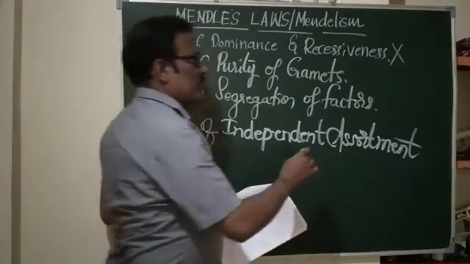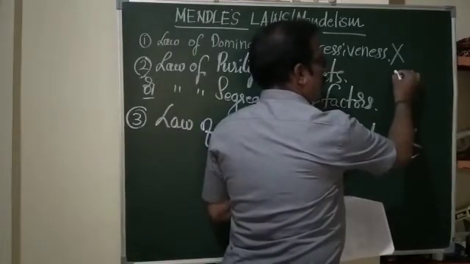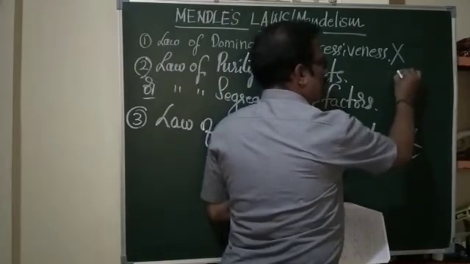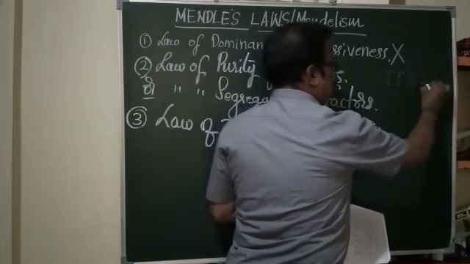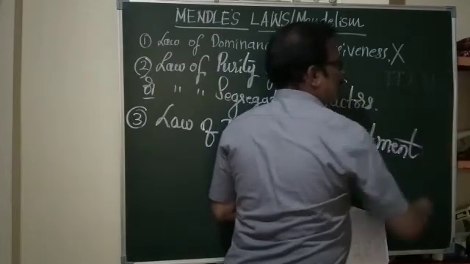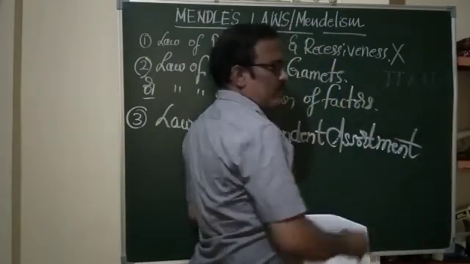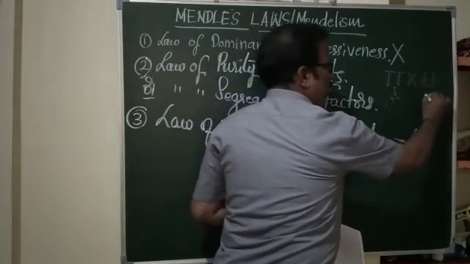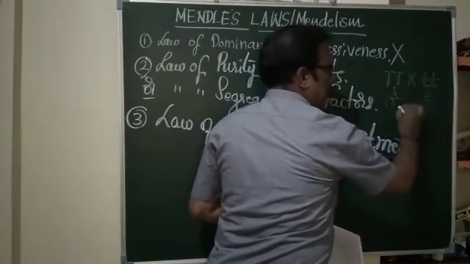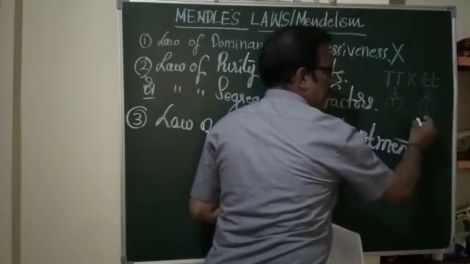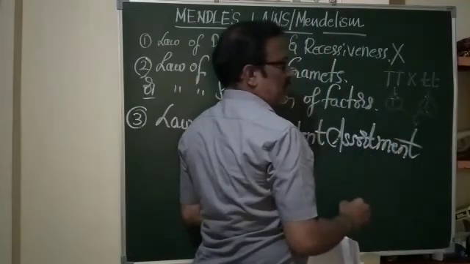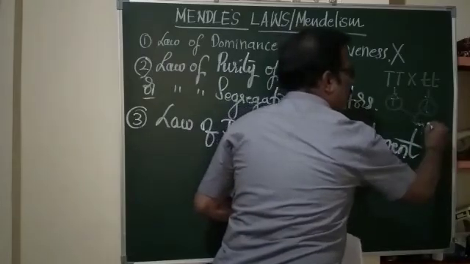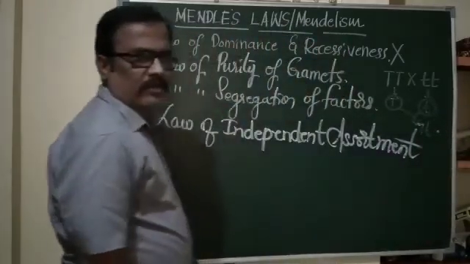Like this. In case of monohybrid cross, we have crossed homozygous tall pea plants with homozygous short pea plants. Both are homozygous, produce only one type of gamete, resulting in the hybrid with the genotype capital T, small t.